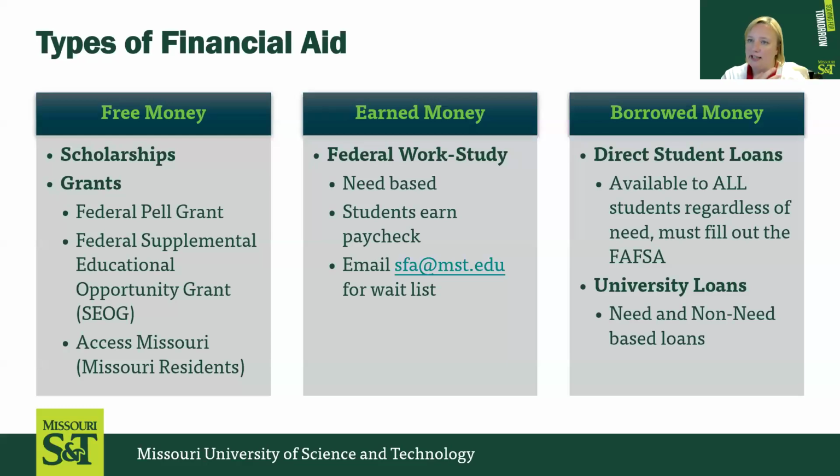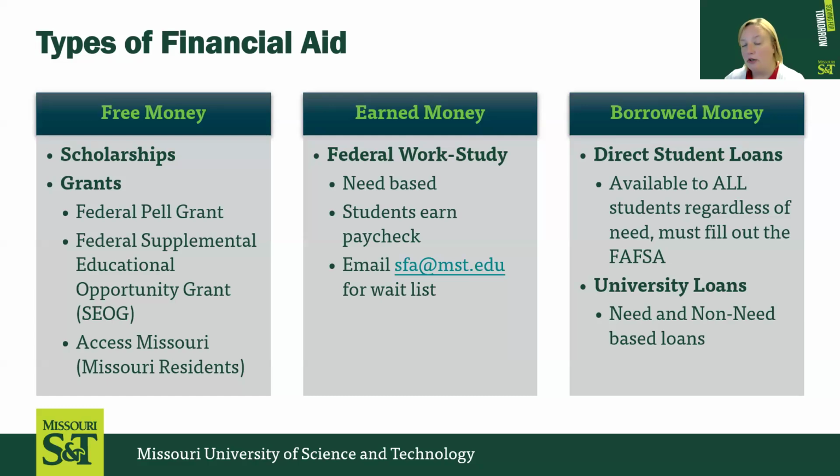We want students to get that free money first, and then we will offer loans at the end. Now, every student who is eligible to file the FAFSA, or the Free Application for Federal Student Aid, is eligible for federal student loans. And so if you do think that you are going to need to borrow student loans, again, that FAFSA is required for that.